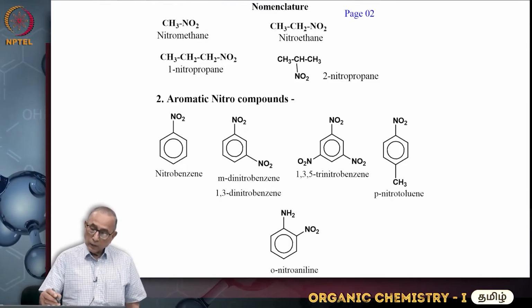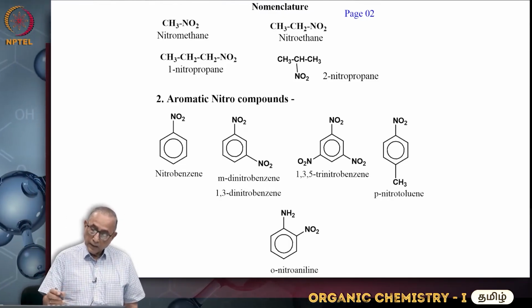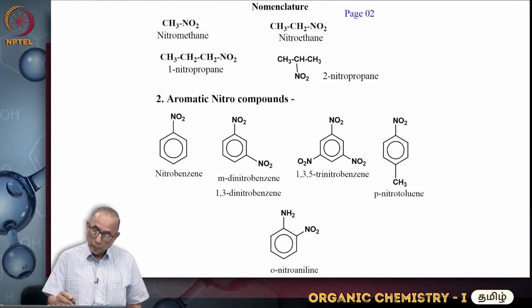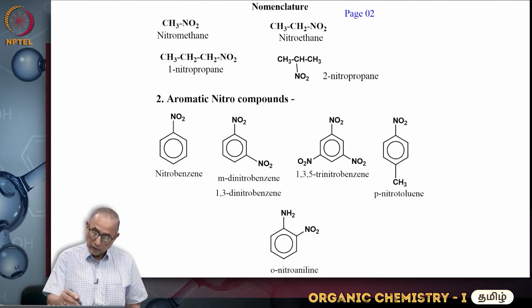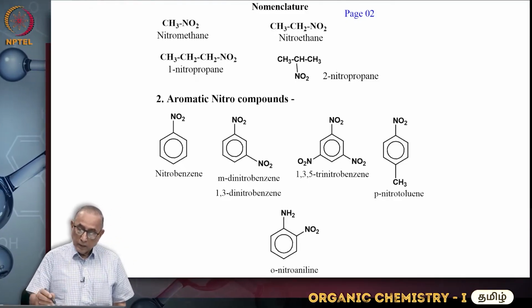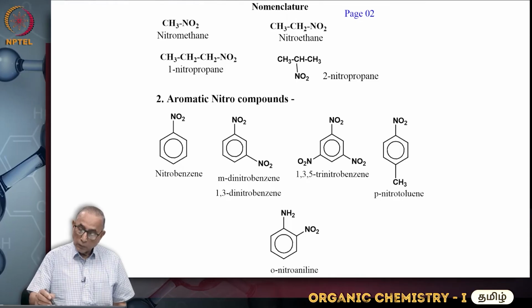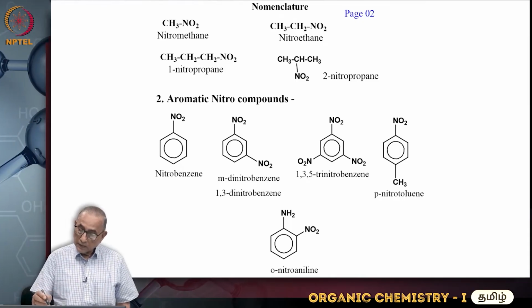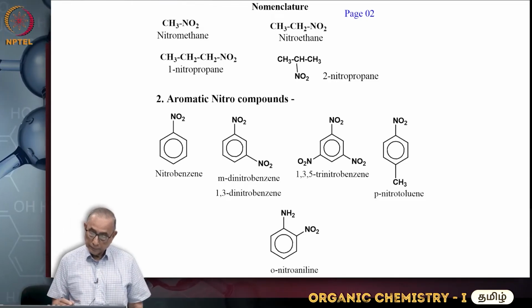Here nitroethane, similarly from ethane one hydrogen is removed, nitro group is attached. From propane one hydrogen is removed, nitro group is attached. This is 1-nitropropane. Here the hydrogen is removed from the second carbon, the nitro group is attached to the second carbon. This is called 2-nitropropane.